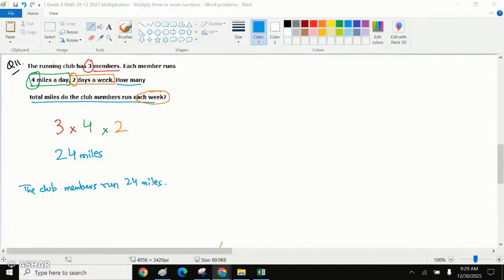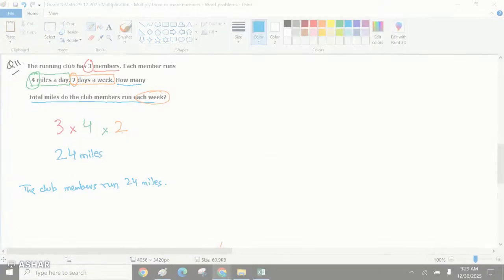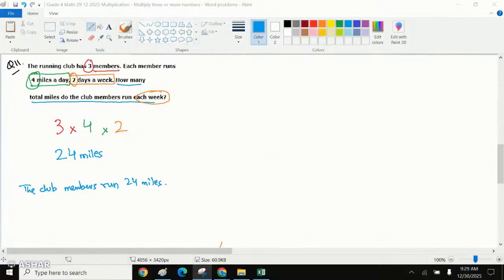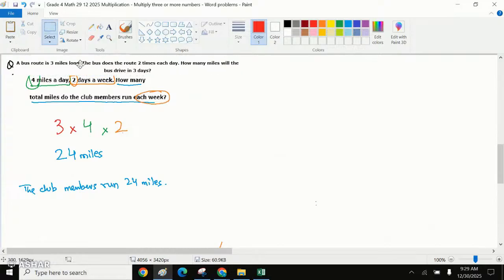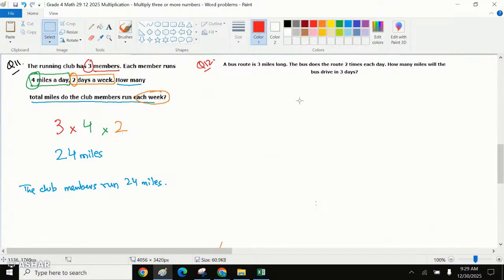Okay, the next we have is a bus route. Let's see. Okay, the next question, question number 12. The question number 12 states that a bus route is 3 miles, sorry, my bad. Like, how could it be 3 meters? I'll just copy this and realign so that it's easier to read.